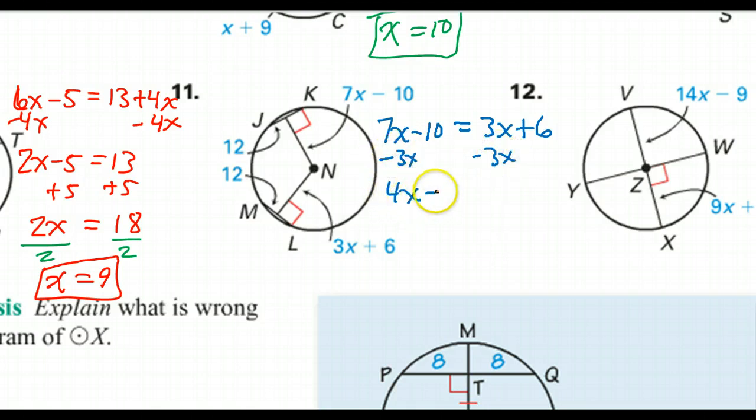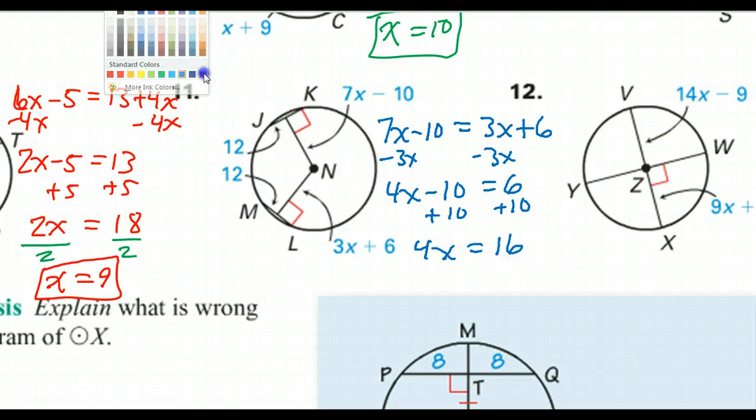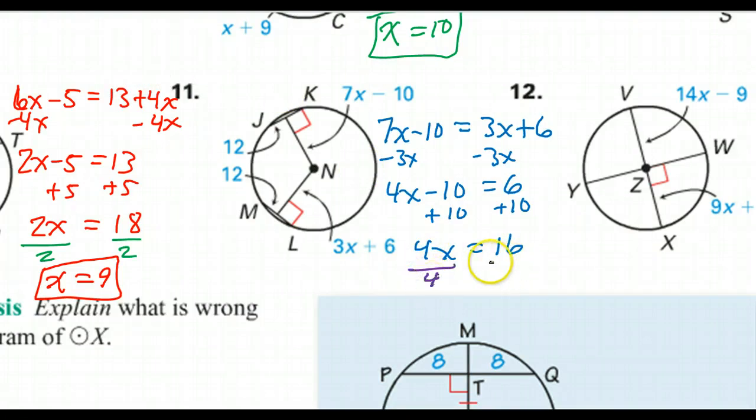That gives me 4x minus 10 is equal to 6. Add 10. That gives me 4x is equal to 16. Divide by 4, and I get x equals 4. That's the answer to number 11.